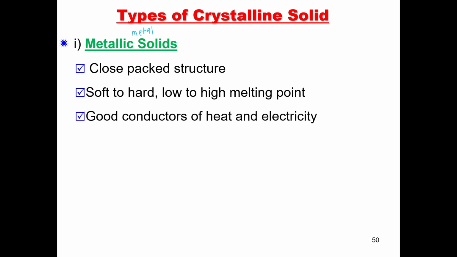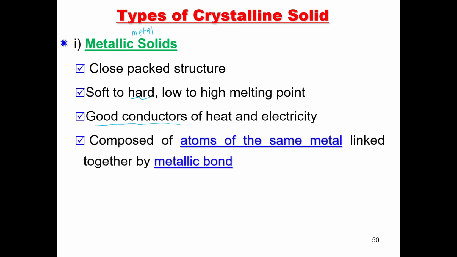That is for the solid. Because it is metal, it is almost hard, and has a high melting point. These are all properties of metal: good conductor of heat and electricity. Composed of atoms of the same metal linked together by metallic bond.